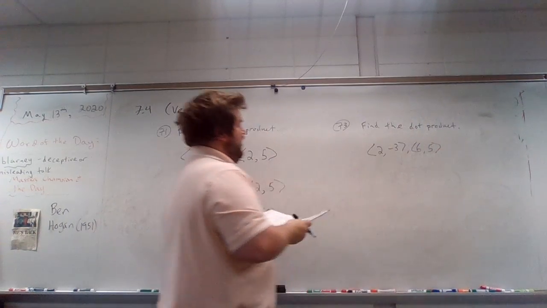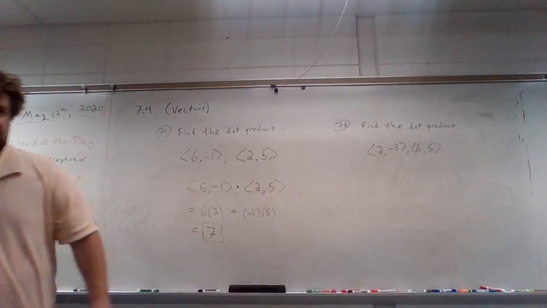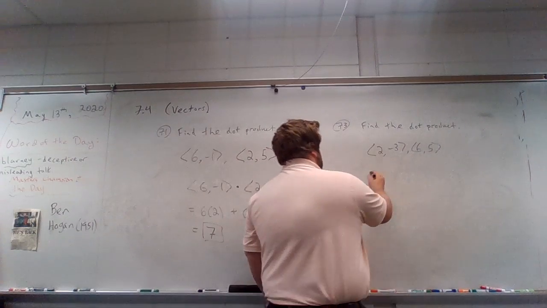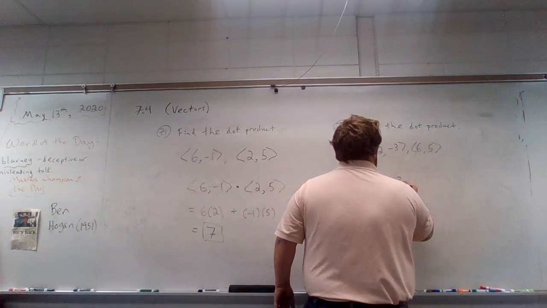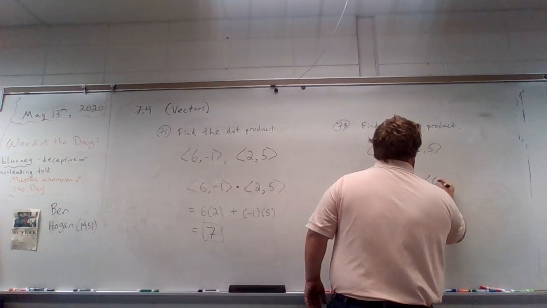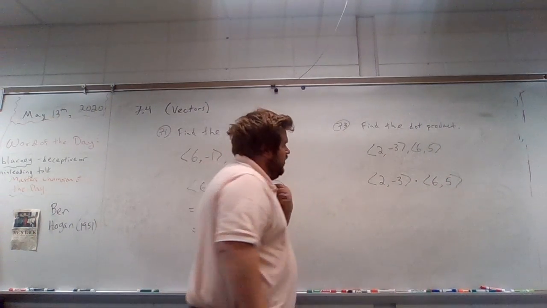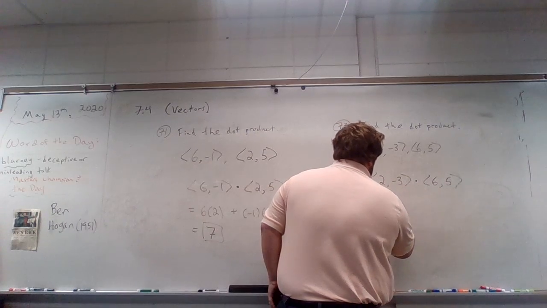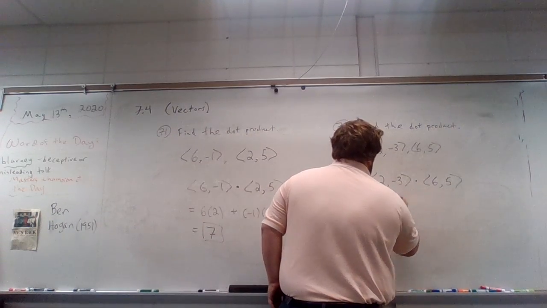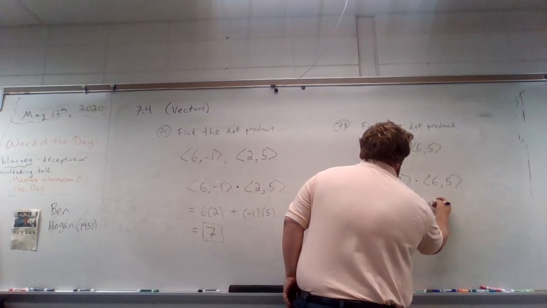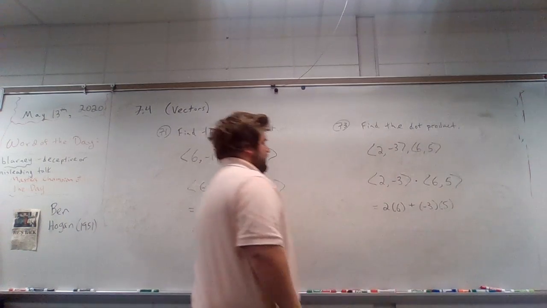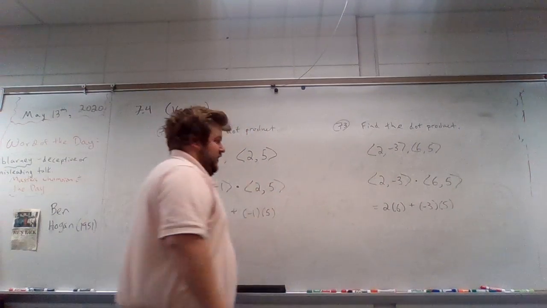Same question there: find the dot product. So I just do 2, -3, and then I dot that with 6, 5. So what am I going to get? Well, this is going to be 2 times 6, and then plus -3 times 5. So it should be -3.